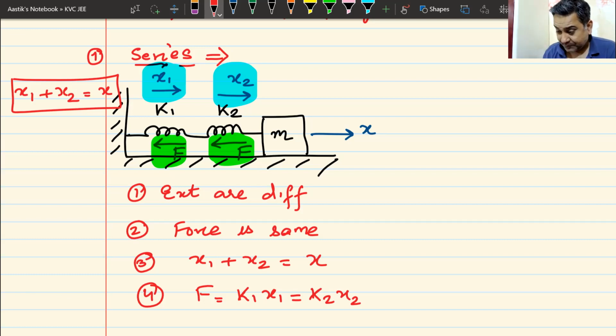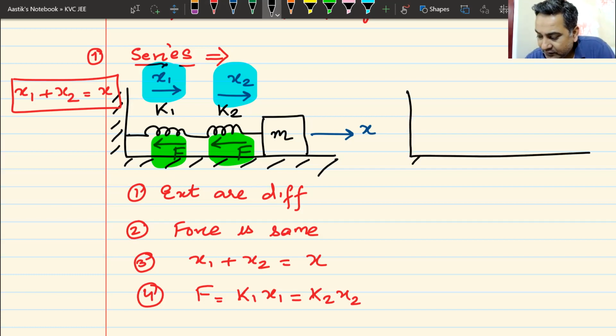Okay. Now the point here is why it is known as the series combination. Extensions are different, but forces are same. Why it is known as series combination?